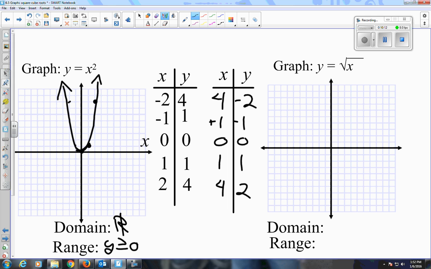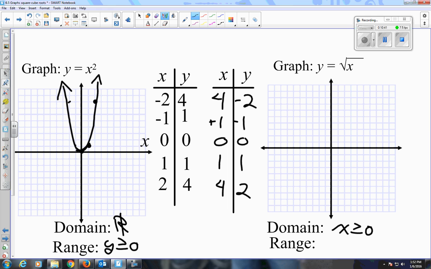Now, what could you tell me about my x values first? Can I ever get a negative x value here? So my domain is going to have to be x greater than or equal to 0, because when I take the square root of a negative number, I get an i, and we're not going to try and graph i's in the coordinate plane. It doesn't work. There's a complex plane, but that's a whole other thing.